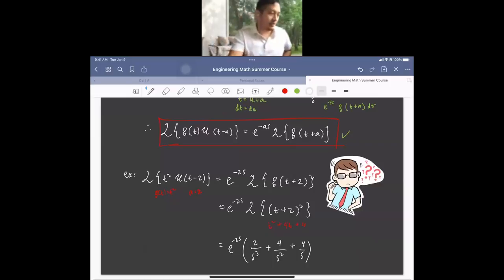So we have translation, we have the Heaviside functions, and then we have some additional operational property for Laplace.